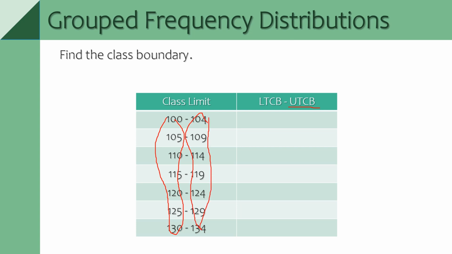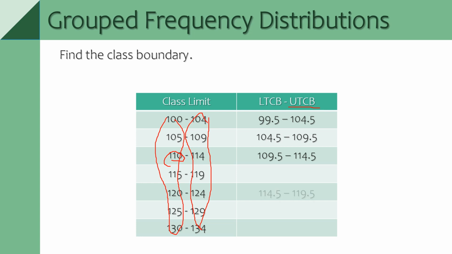So 100 minus 0.5, we have 99.5, and then 104 plus 0.5, we have 104.5. So that is our first class boundary natin. Okay, for the second class boundary, 105 minus 0.5 is 104.5, and 109 plus 0.5 is 109.5. Next is 109.5 to 114.5.